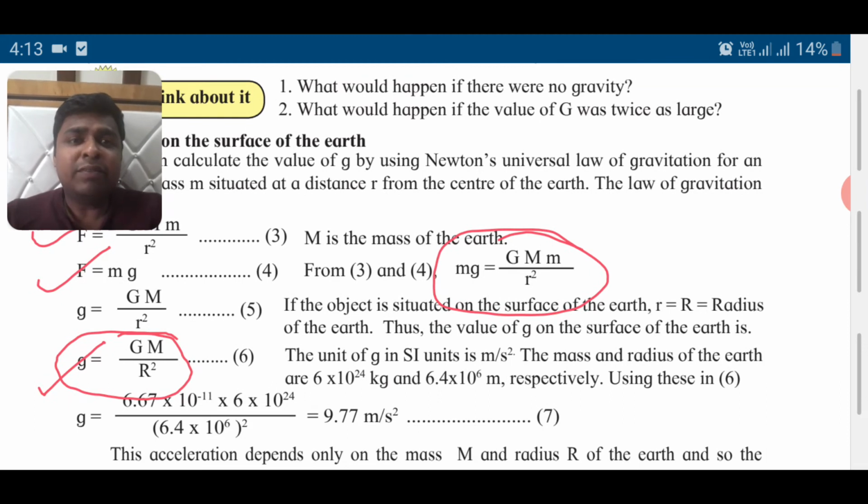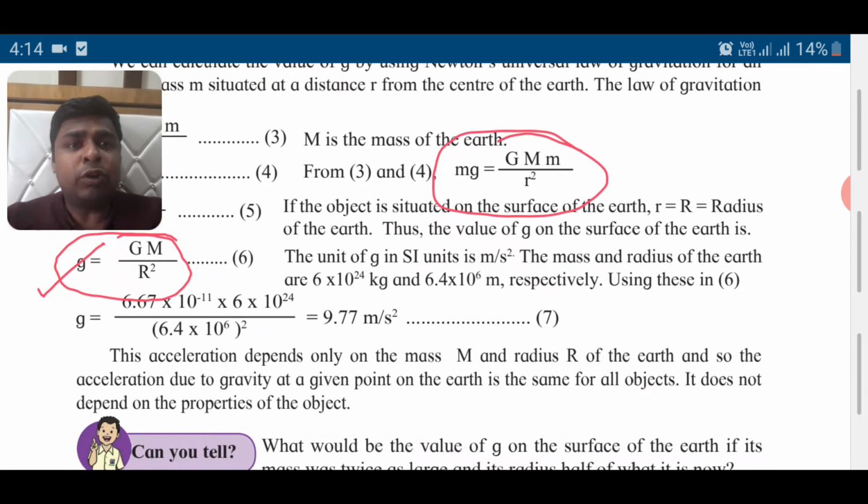Now we have small g is equal to G M upon r square. Now see the right side, I have circled it. So mg is equal to G M m upon r square. Small m gets cancelled. So we are left with small g is equal to capital G capital M upon r square.